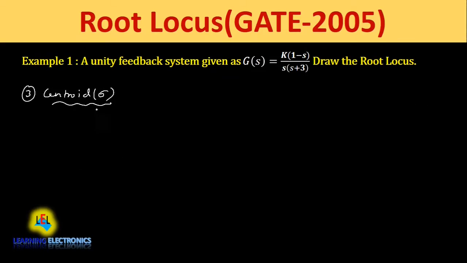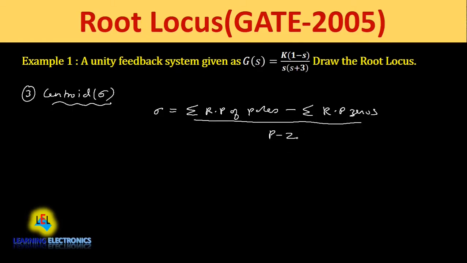Next, we have to find the centroid sigma, which is the intersection point of the asymptotes on the real axis. The formula is sigma equal to the summation of real parts of poles minus the summation of real parts of zeros, divided by p - z.